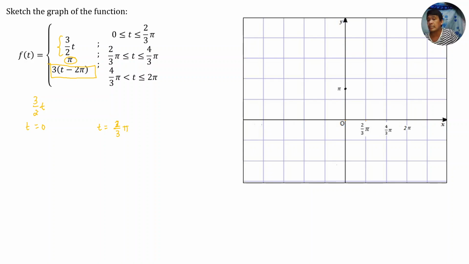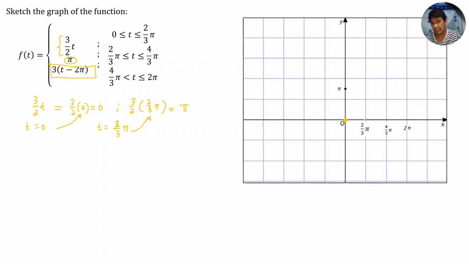Substituting, 3 halves times 0 is 0. That is, for t is 0. And the other one, 3 halves of 2/3 pi, for t is 2/3 pi, is equal to pi. Meaning to say, for t is 0, the value is 0. For t is 2/3 pi, the value is pi.